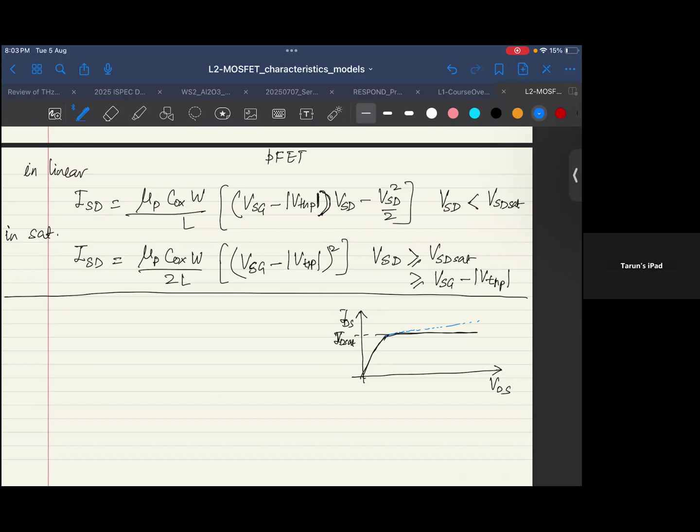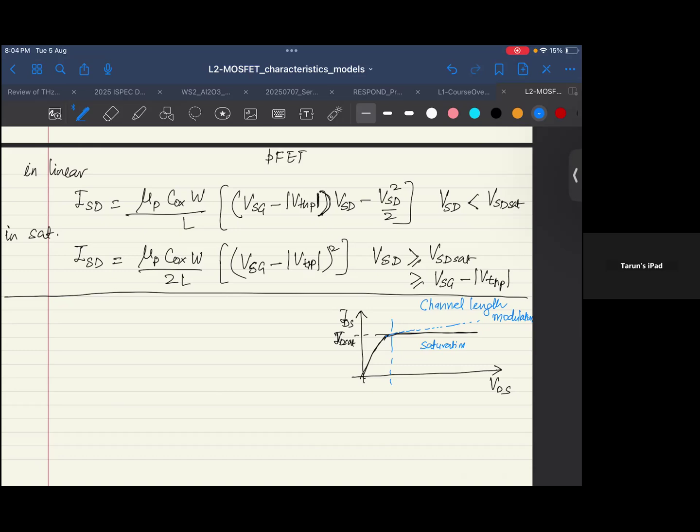Now the question is, do I need to include it in the model? Yes, if you want to take care of this, which is called channel length modulation. I'm not going into the physics of this. But the effect of this is that the current in the saturation region increases linearly with your VDS.